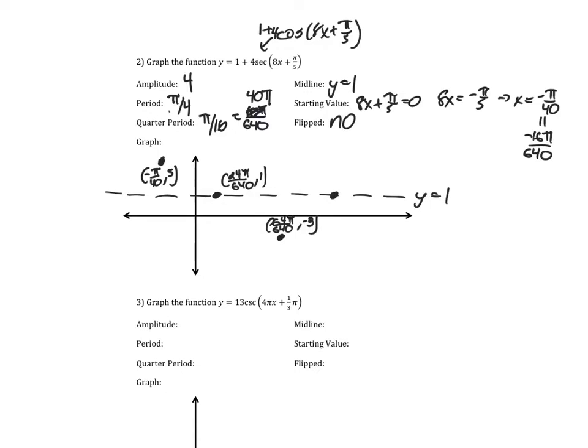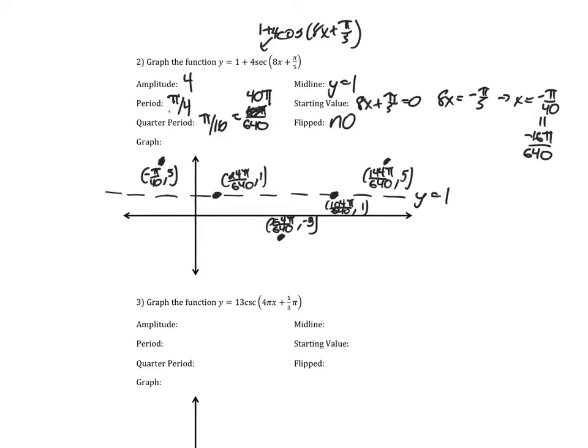So don't worry about that here. 64 plus another 40 gives me 104. 104 pi over 640, comma 1, and I've got a max. Let me add another 40: 144 pi over 640, comma 5.